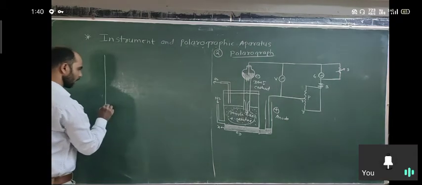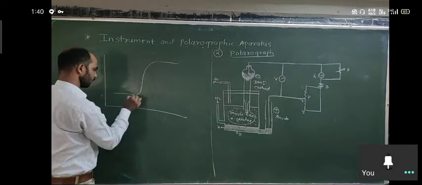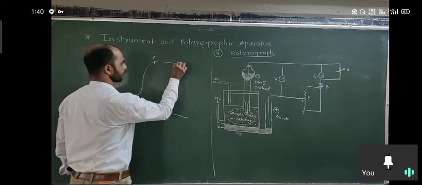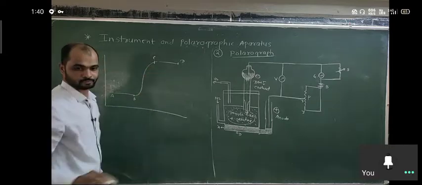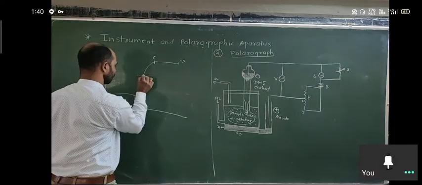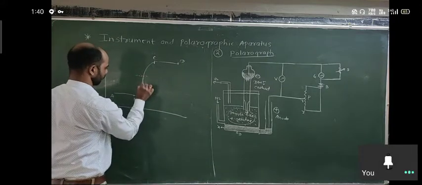So basically the polarograph looks like this. Here are points A, B, here is the C point, here is a D point. Then it is the average value. Here is the average value.